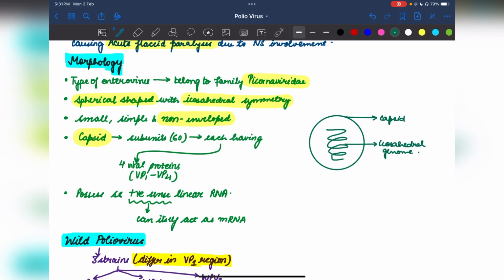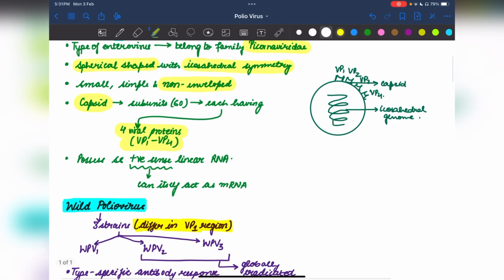On this capsid there are subunits, and these subunits contain viral proteins. Consider this as VP1, VP2, this as VP3, and this as VP4. So this is important, that each subunit contains 4 viral proteins: VP1, VP2, VP3, and VP4.